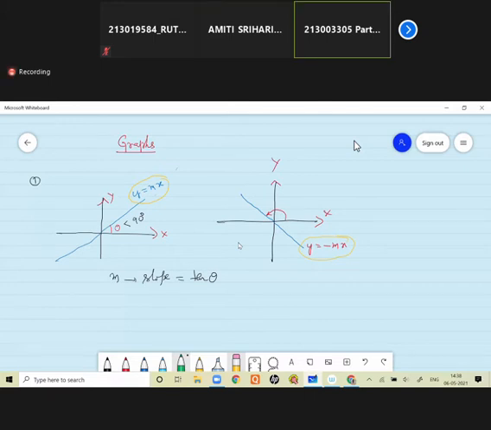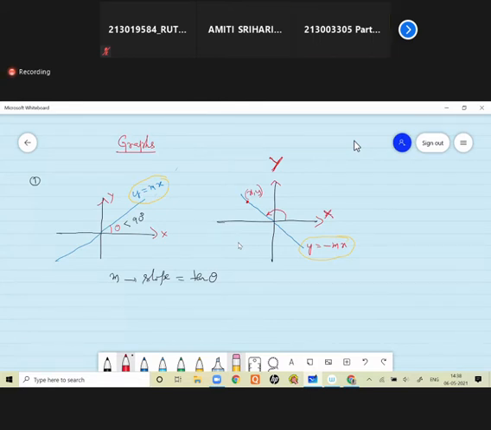X and y are coordinates. Small x and y here are the coordinates. This is the point on the axis, x comma y.